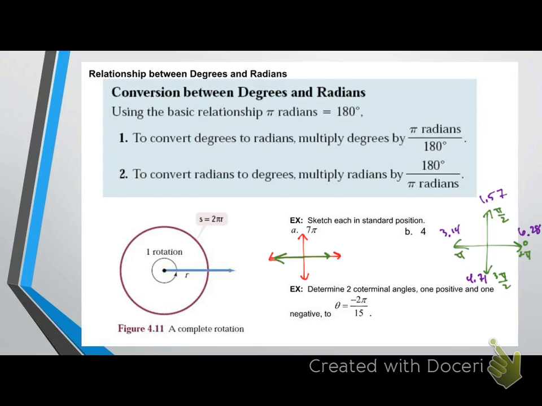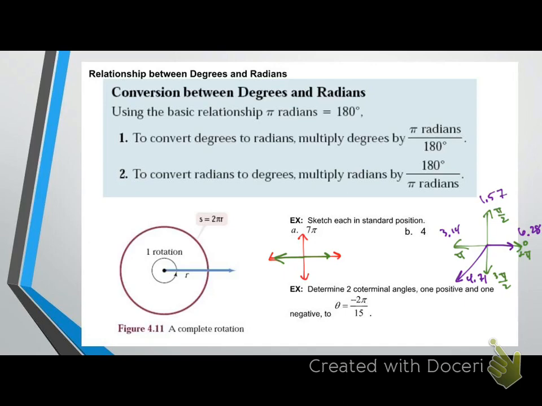So if your measure is just 4, then apparently we've multiplied the pi out. And so we would end up somewhere in quadrant 3, because that gets you between 3.14 and 4.71. Okay?